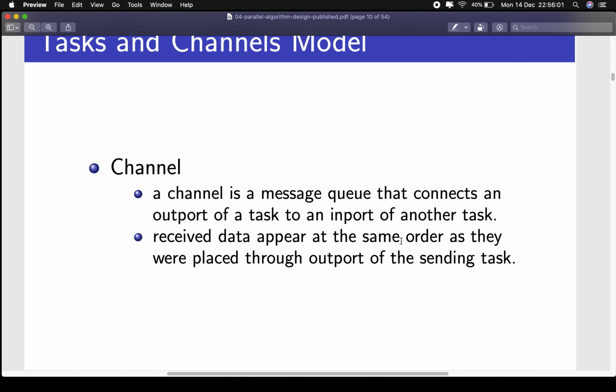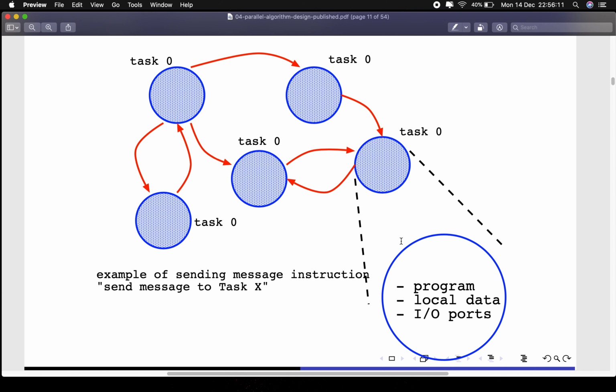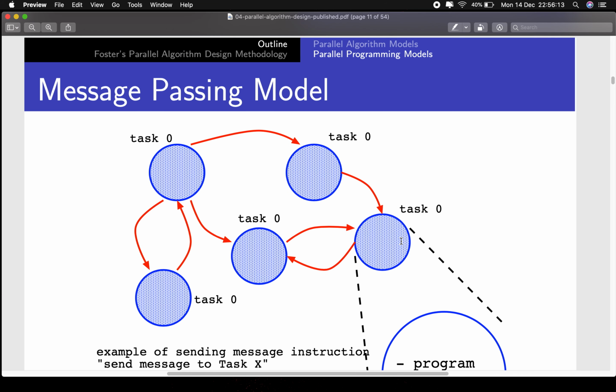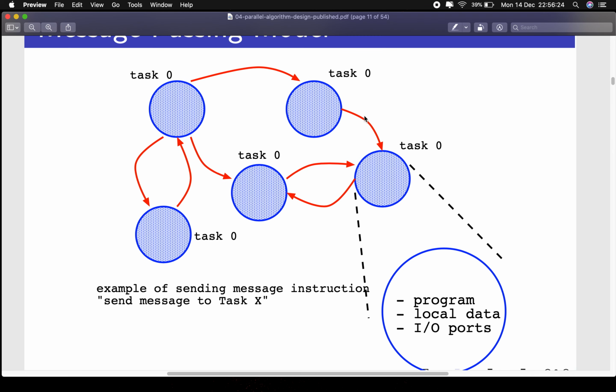Next is the example of your message when you send and pass it to others, which is the message passing model. It is quite similar to the previous picture. The only difference is in the channel.